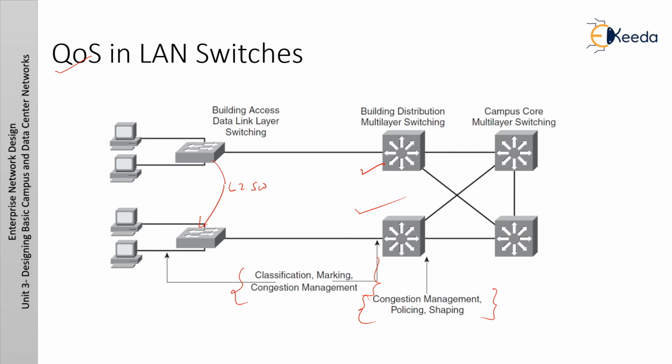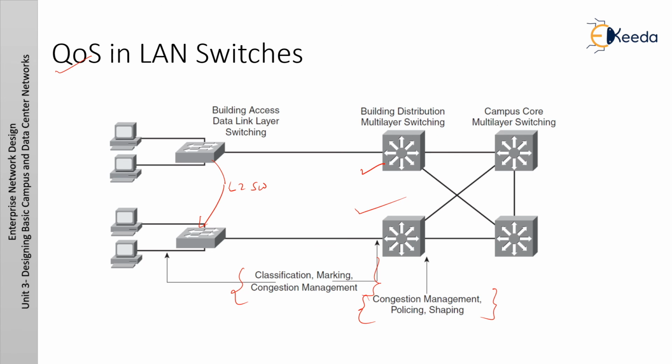These switches make QoS classification more selective by differentiating the traffic based on the application. Quality of service in distribution and core switches must be provided in both directions of traffic flow. The policing of certain traffic is usually implemented on the distribution layer switches.